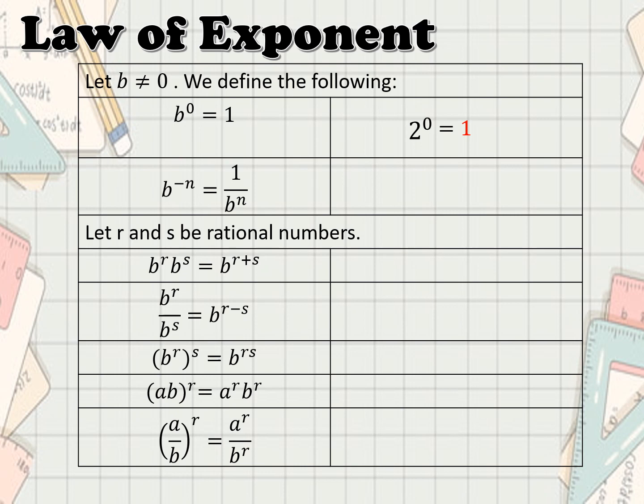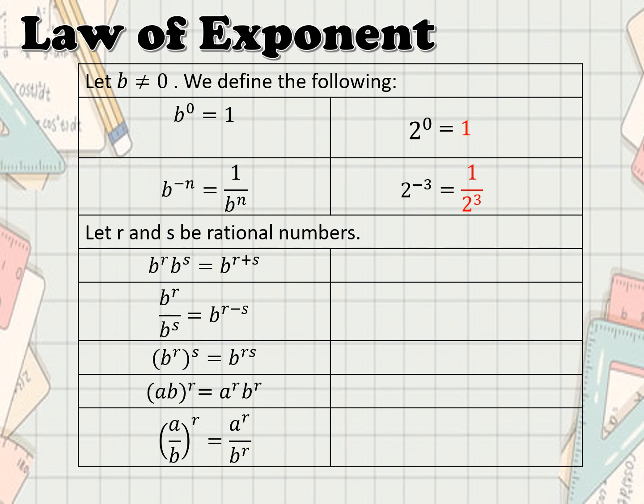When we have a negative exponent, you take the reciprocal of the base, and the negative exponent becomes positive. For example, 2 raised to negative 3. The reciprocal of 2 is 1/2, and negative 3 becomes positive 3. So it is equal to 1 over 2 raised to positive 3.